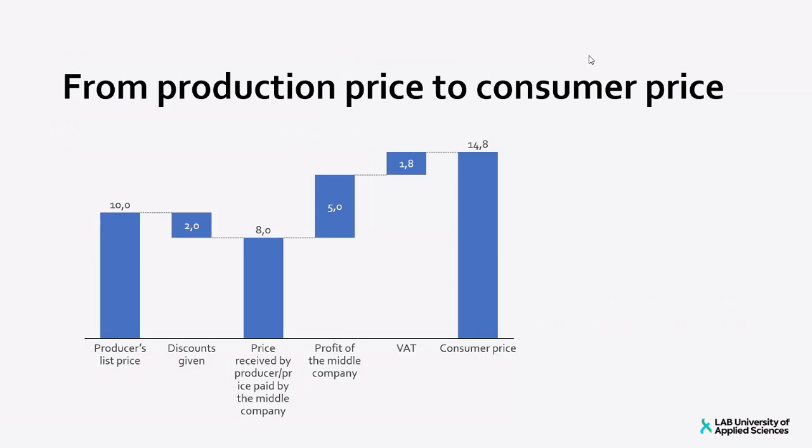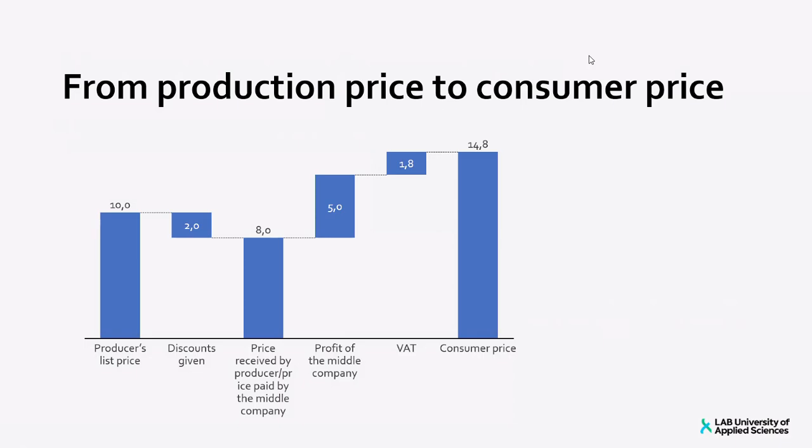Then we get the society, the government, and then we have the VATs. Naturally, these depend on the country and also on what kind of service or product. Like we were talking about in the beginning, is it something that the government is encouraging us to consume, or discouraging us to consume?